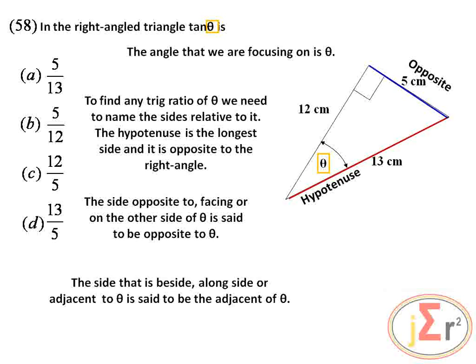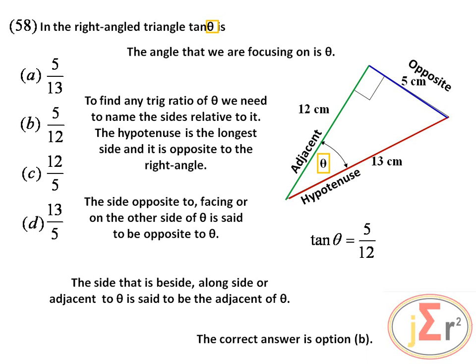The side that is beside, alongside, or adjacent to theta is said to be the adjacent of theta. Tan theta is equal to opposite over adjacent. Opposite is 5, adjacent is 12. The correct answer is option B.